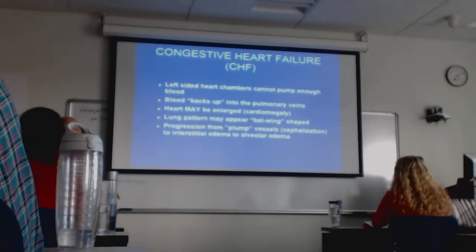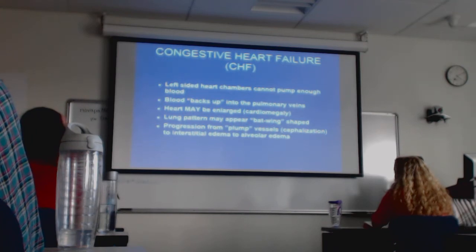And when it starts early, it's called a bat wing appearance, and I'll show you. Remember, all the vessels are in the middle, right? All the big vessels of the pulmonary veins and pulmonary arteries are on either side of the heart. Well, that's where you're going to see the edema start first, okay? So these plump vessels will then start to get plumper and plumper, bigger and bigger centrally, and then bigger and bigger in the periphery.